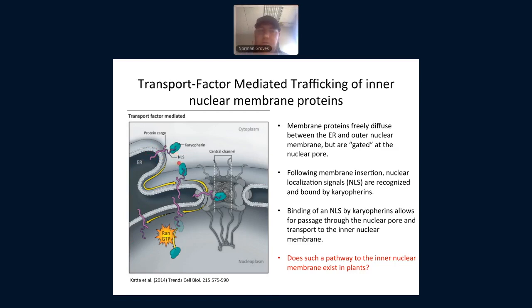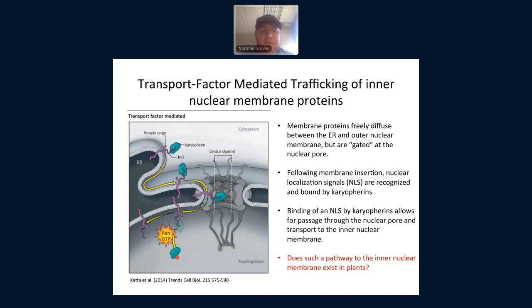So that nuclear localization signal is bound by karyopherins. The membrane protein freely moves to the outer nuclear membrane, and then a gating of sorts occurs at the nuclear pore complex. And our cargo containing an NLS passes through presumably the central channel and reaches the INM.